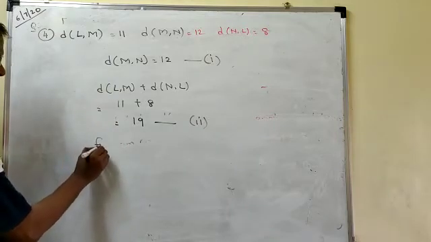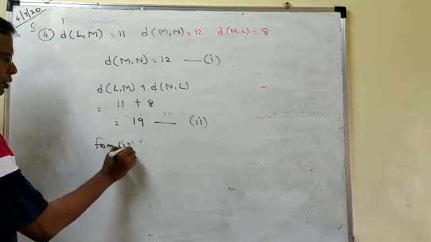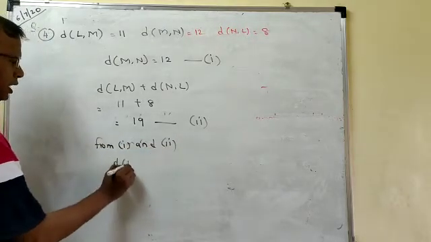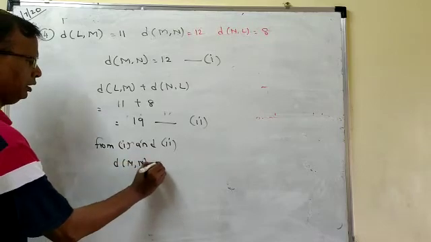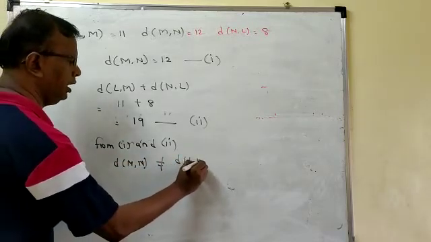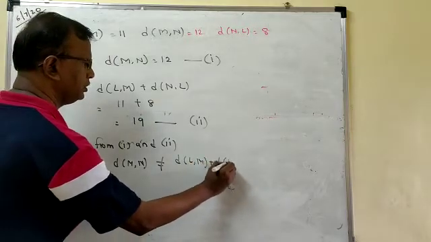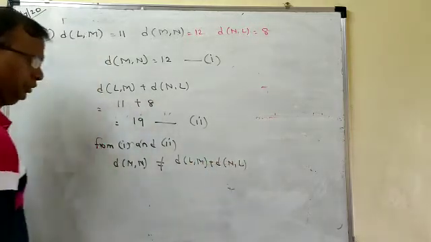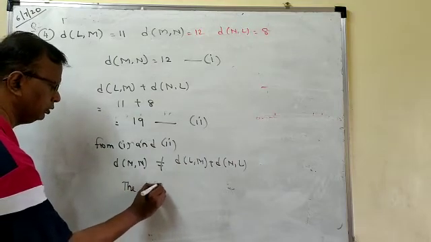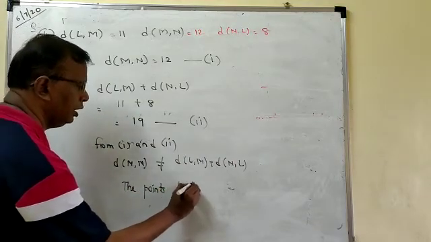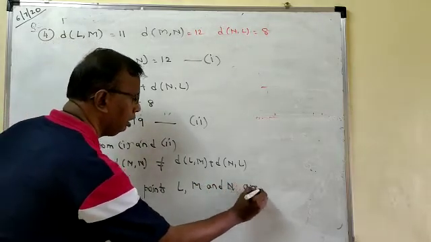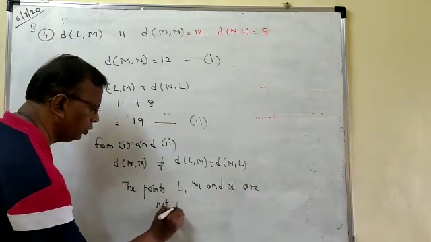So from 1 and 2, distance MN is not equal to distance LM plus distance NL. Therefore, they are not equal. Therefore, the points L, M, and N are not collinear.